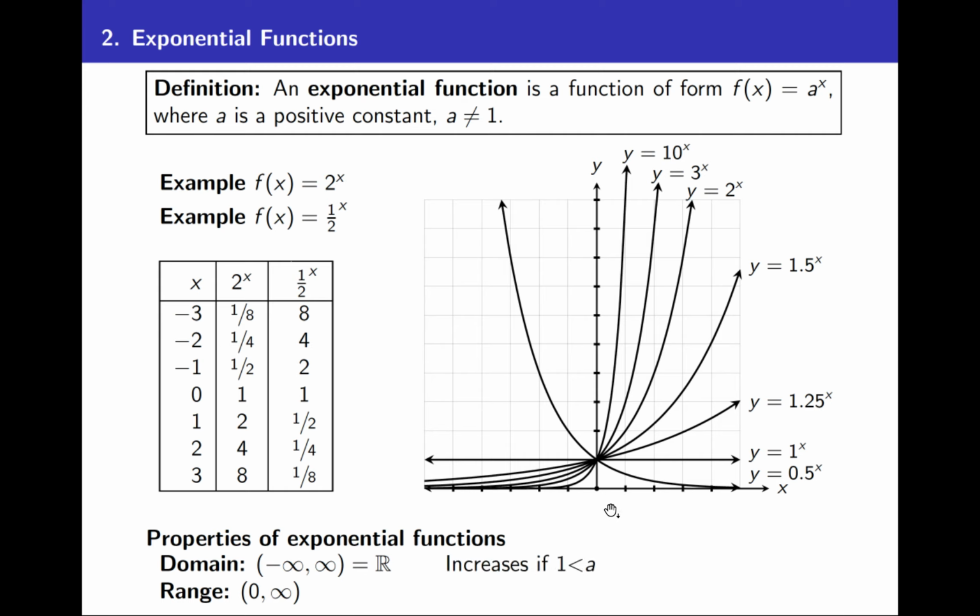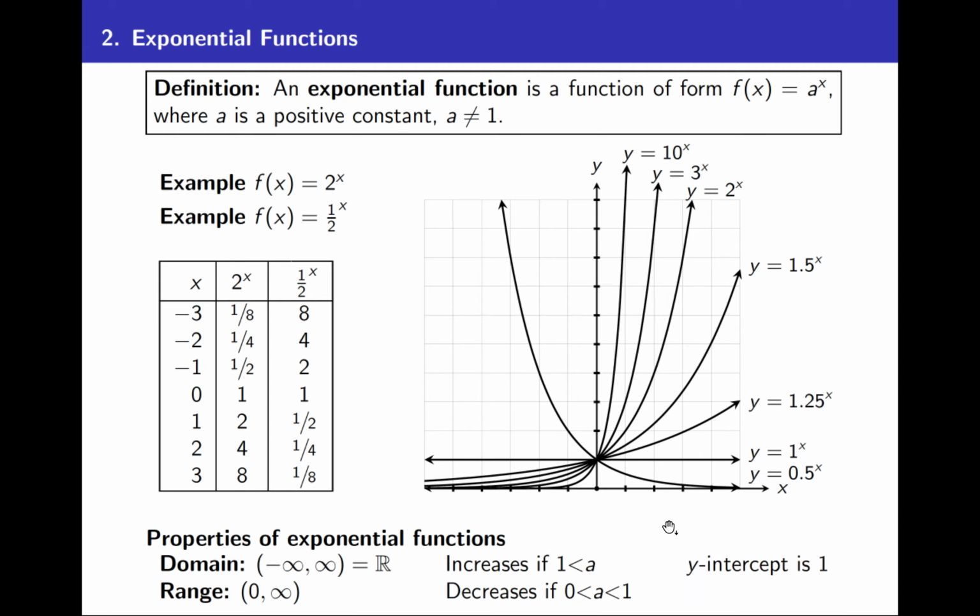As we see here, the exponential function a to the x increases as you read from left to right if the base is greater than 1, like 1.25, 1.5, 2, 3, 10, and so on. But it decreases if a is less than 1, between 0 and 1. So for example, here a is 0.5, that's less than 1. As you go from left to right, this exponential function decreases, goes down.